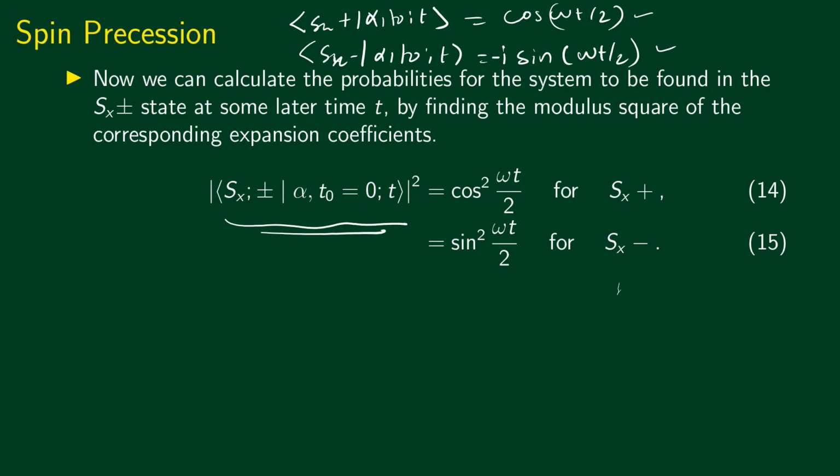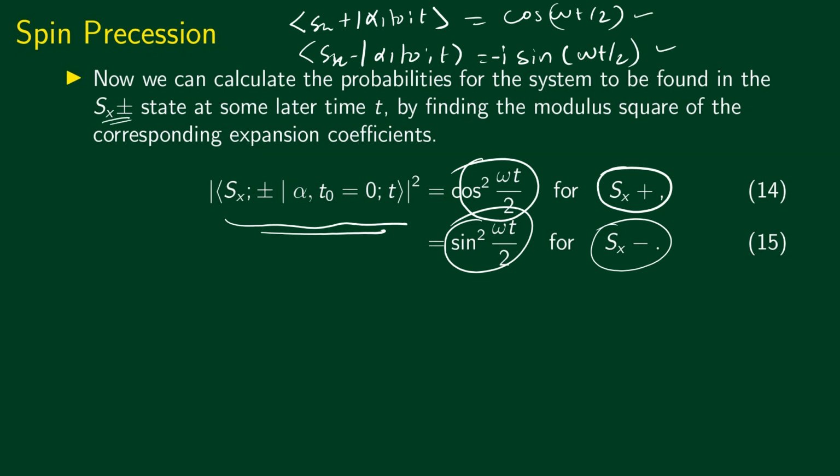In other words, you get the probability cos squared omega t divided by 2 for the system to be found in the state ket Sx plus, and sine squared omega t divided by 2 for the system to be found in the state ket Sx minus. Okay. So these are the probabilities for the system to be found in the Sx plus minus state at some later time t. Right, this is just the probability postulate of quantum mechanics that we have seen in our first chapter. All right, if you don't remember it, please go and revise those parts.